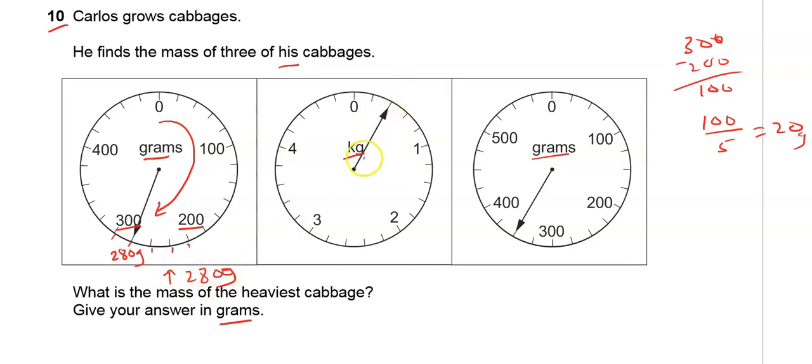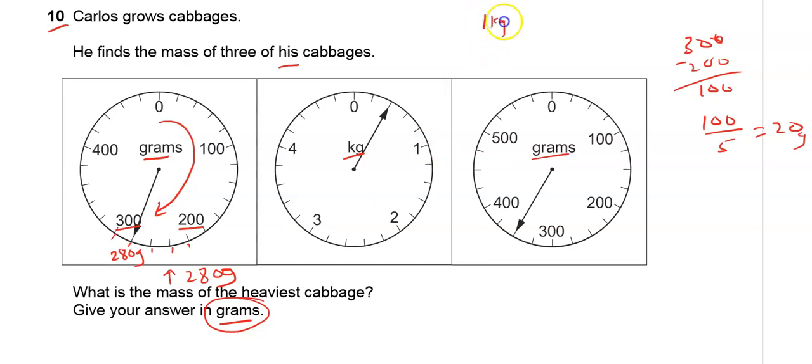Then this one is in kilograms. Remember, we are supposed to give in grams. This is in kilograms. So this is 1 kilogram right there. Between 0 and 1, we have 1, 2, 3, 4, 5 divisions.